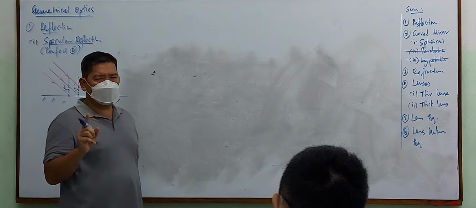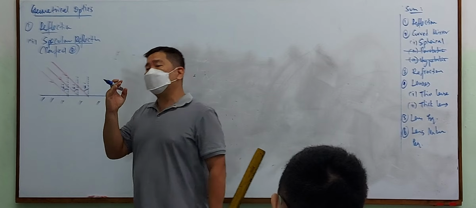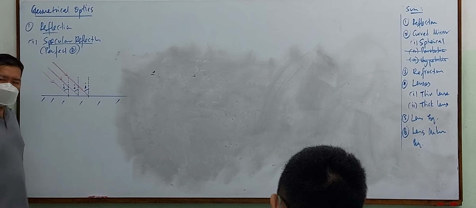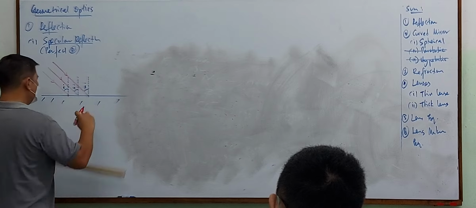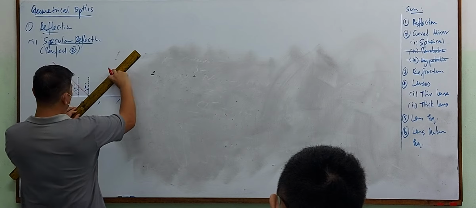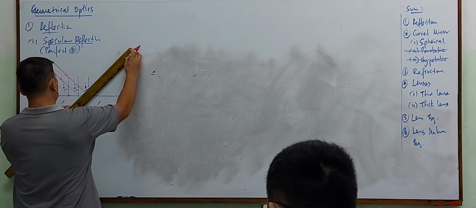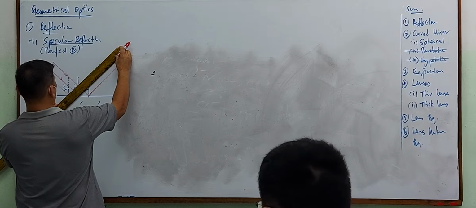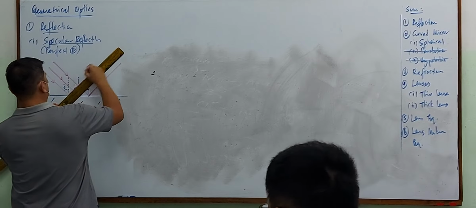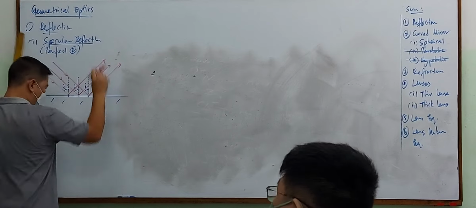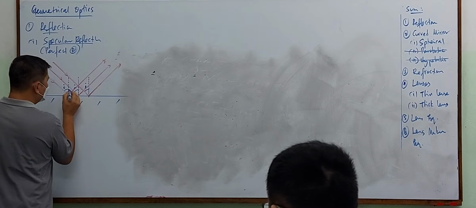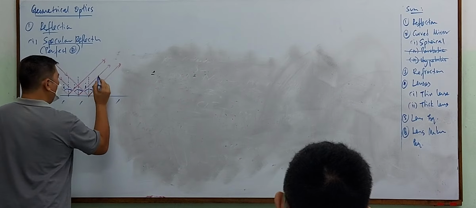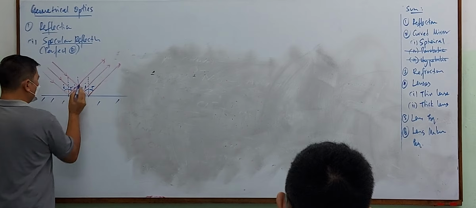For any type of surface, the reflection always follows a rule. One of the rules is that the reflected ray will have the same angle. That means they will be reflected at the same I value. Here, this is parallel, and this one also. This is the reflected light, and the angle here is also the same, but we use R instead of I, for reflected.